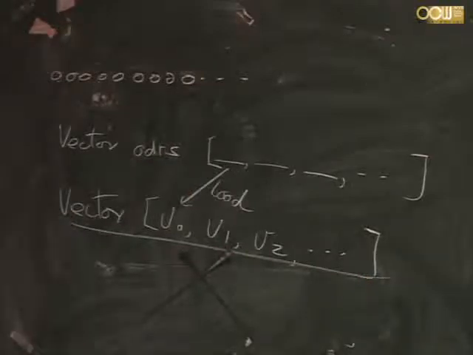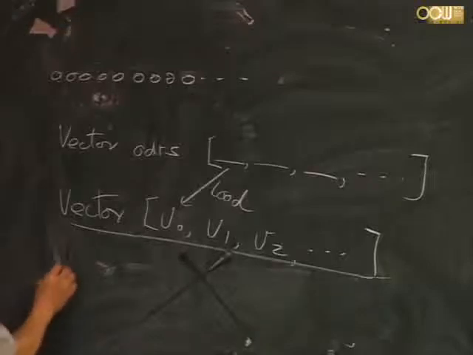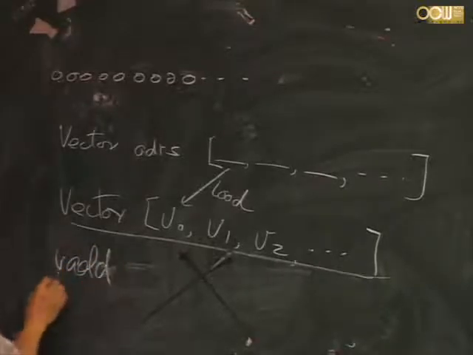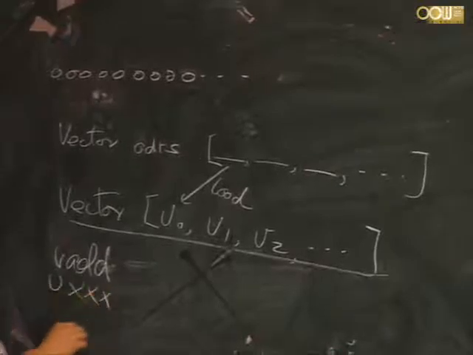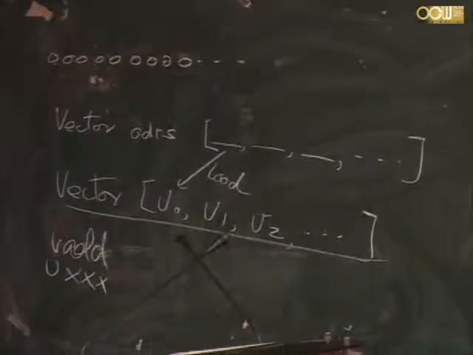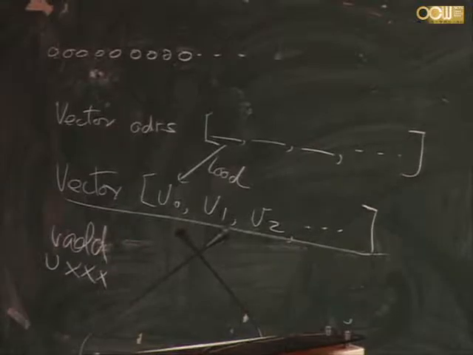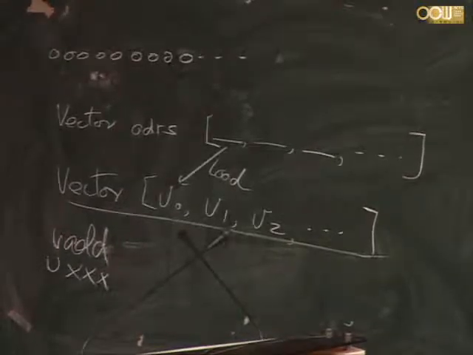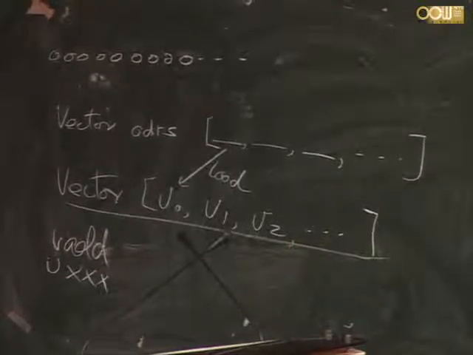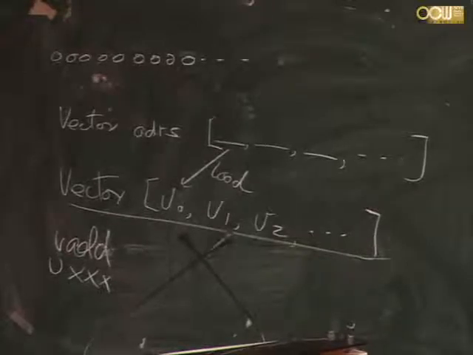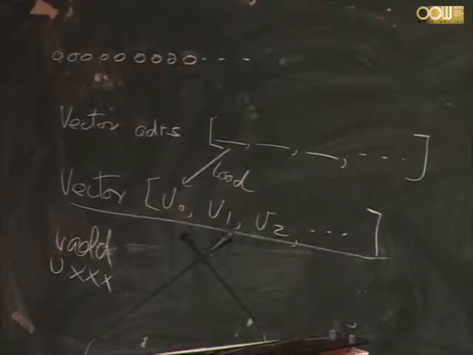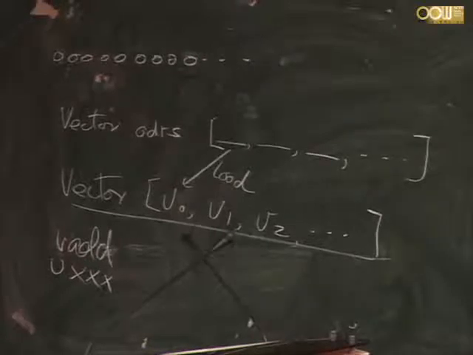Once you have them in vector form, you can begin to use vector ADD, vector whatever, to speed up your operations and save energy, save instruction bandwidth: fetch bandwidth, decode bandwidth, execution bandwidth, and utilize all kinds of vector utilities to speed your process.